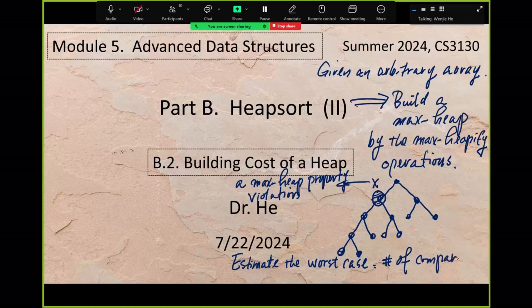For the worst case, I hope you can still recall how we did the max heapify operation. In each triangle we compare its value with two possible child nodes, the left child node and the right child node, and compare the values.